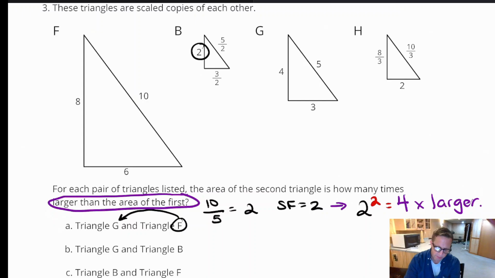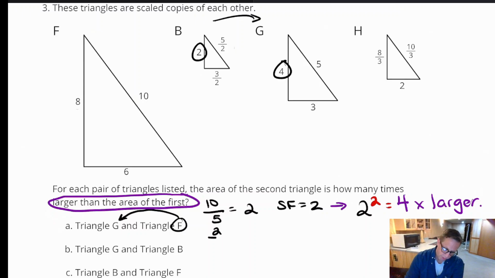I can use any number, but I like this number because it matches up with another whole number right there. Whereas right here, this is 5 halves, and that matches up with 10, so it makes the math a little more complicated, but not impossible. But we have a 2 here, and oh, I'm doing the wrong one. We're doing B to G. So B to G corresponds with that one right there.